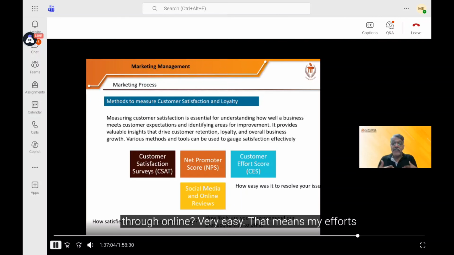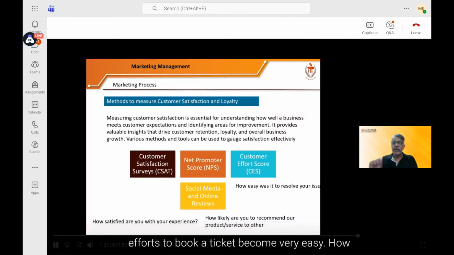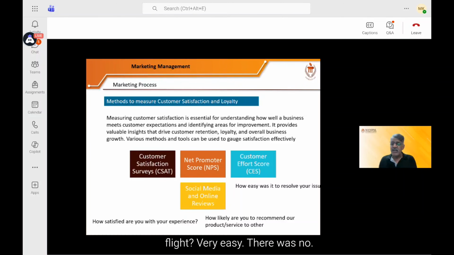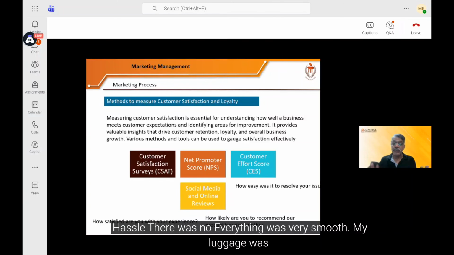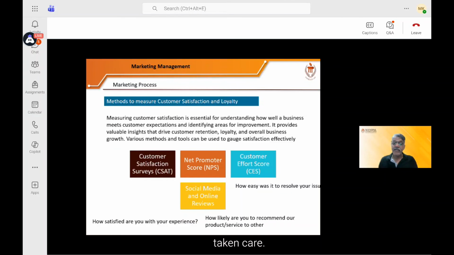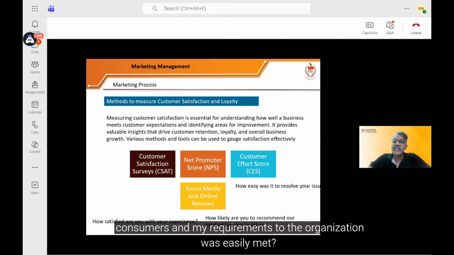That means my efforts to book a ticket became very easy. How easy was it for you to board the flight? Very easy. There was no hassle. Everything was very smooth. My luggage was taken care of, right? That means my reach, or my requirements to the organization, was easily met.